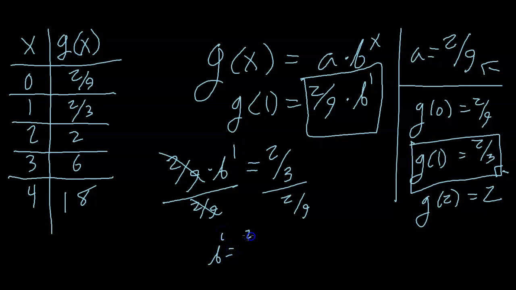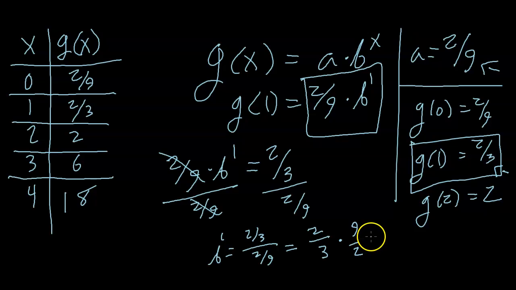It's going to equal 2/3 divided by 2/9, right? Okay, do we remember how to divide fractions? We take our fraction in the numerator, and then we take our fraction in the denominator and multiply by its reciprocal.